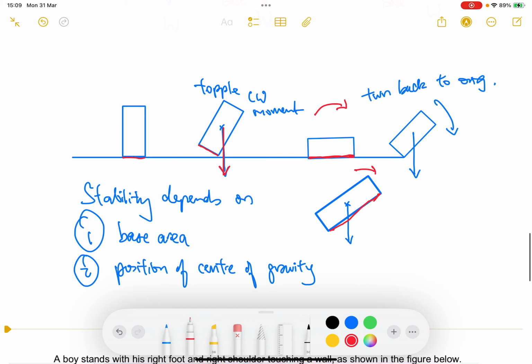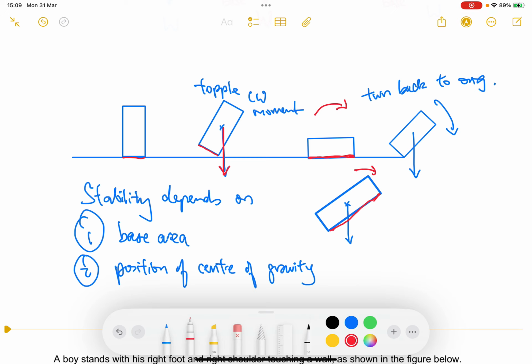There will be a clockwise movement causing it to turn back to its original position. So when you place it on the side with the larger area, it will be more stable, and you would have to turn a much larger angle before it will topple.